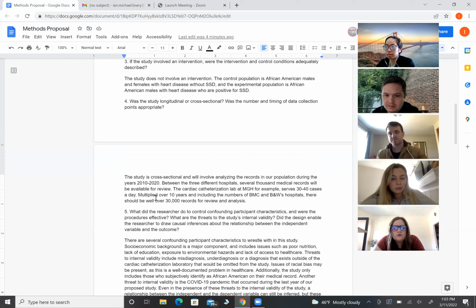Does anyone disagree with the time period of 2010 to 2020? I just think that if we went too far in the past, a lot of hospitals were transitioning from paper records to Epic, so it might get messy.